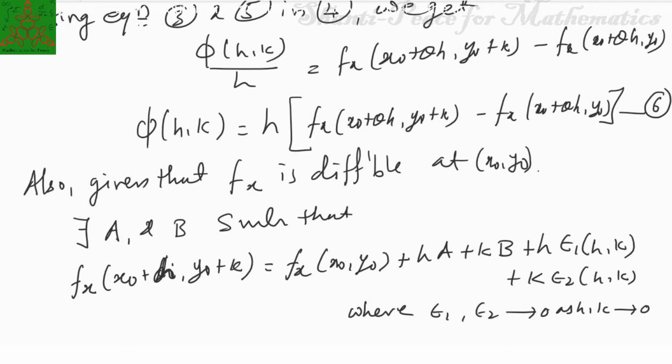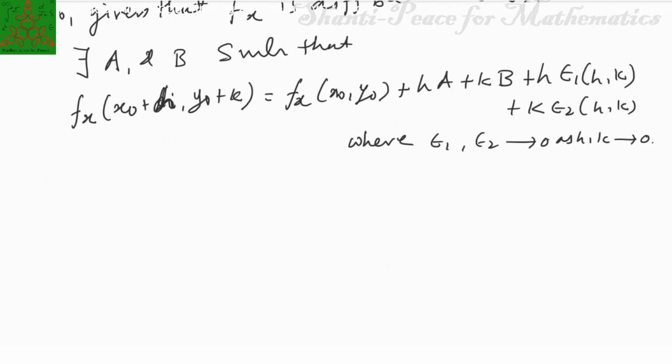They are functions of h and k, and they tend to 0 as h and k tend to 0. This is the definition of a differentiable function.